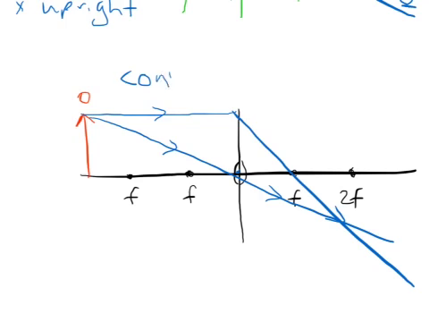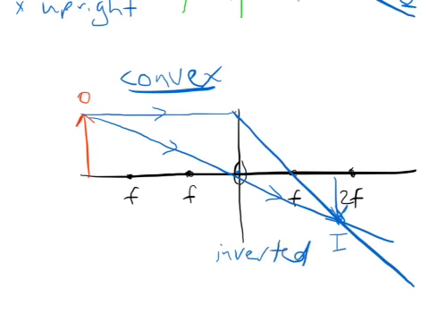Let's just write that this is convex so I don't muddle my words when I'm talking about it. Now, they clearly cross over right here. We can draw our image nicely, and the nature of the image is obvious. It is inverted. It's definitely smaller, which would say diminished, or the magnification less than 1.